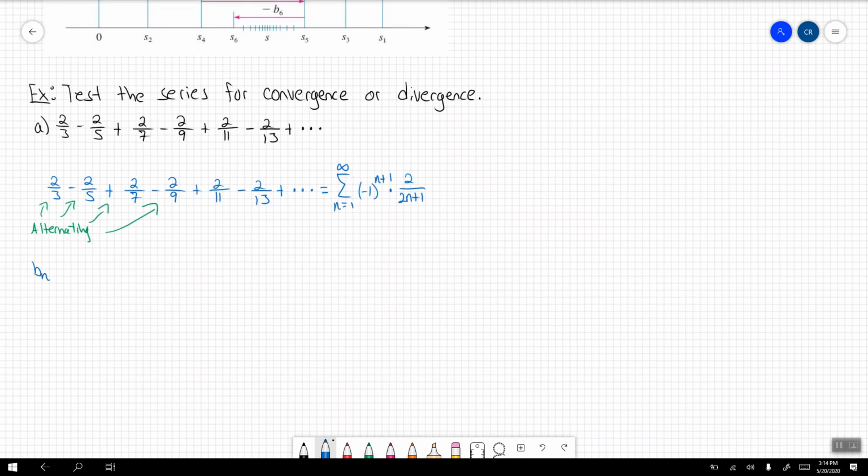My b sub n here is going to be 2 over 2n plus 1. I'm going to label this as f of n, simply because I want to make sure that it's non-increasing, and I'm going to use calculus to do that.